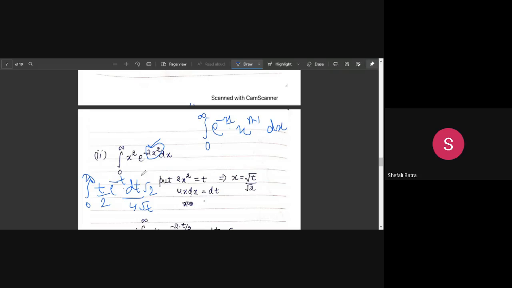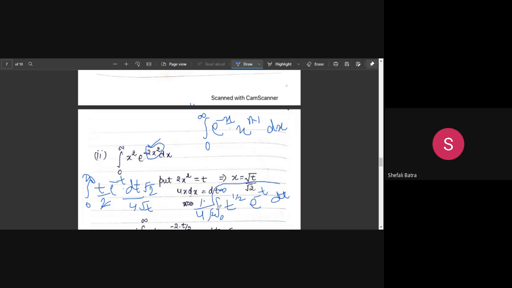And then you simplify it. It would be 0 to infinity 1 by 4 root 2, and this would be t power half e raised to power minus t dt.